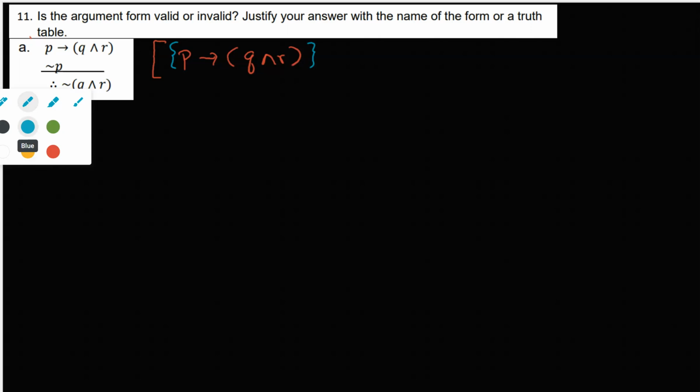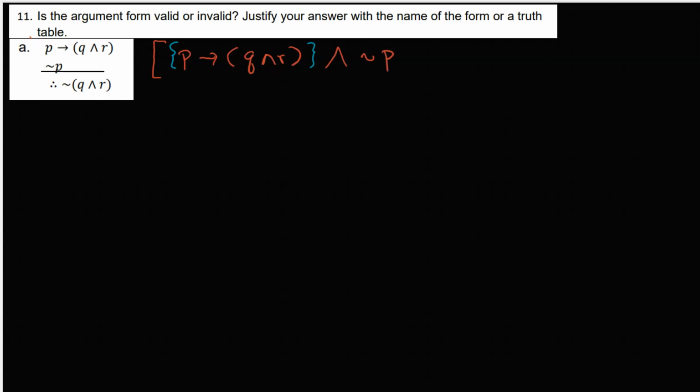And premise two, which is not P. And then we want to know if the premises lead to the conclusion of not Q and R. Okay, so that is what we need to build a truth table for. And we want to know if that is going to be a tautology, right? Build a truth table for this statement right here.